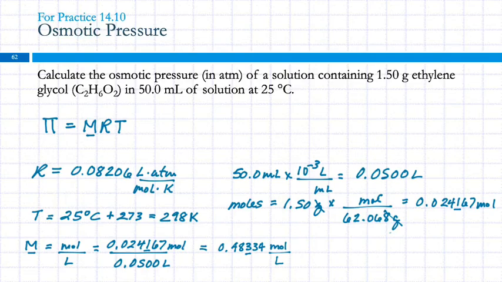Then I have this sense of accomplishment, but then I realize, oh, wait a minute, I'm not done. That was just a piece of it. So now we have the parts that we need. We've got the molarity, we've got the temperature, and we've got our ideal gas constant. So we can put these together in our equation.